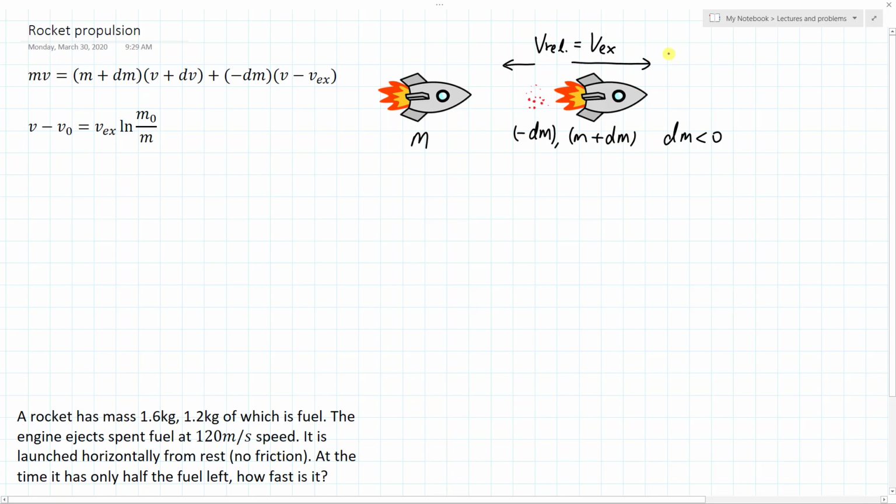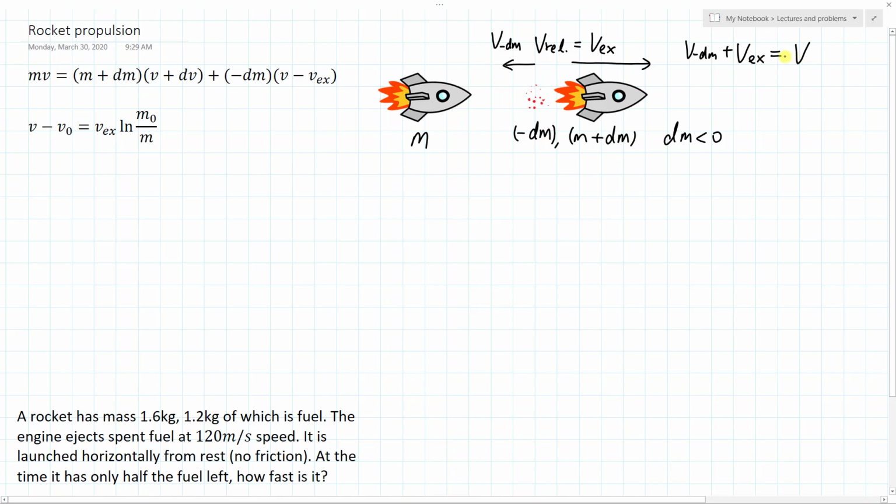If this is the velocity of the spent fuel, let's call that v minus dm. And v minus dm plus the relative velocity, which is v exhaust, should be equal to the velocity of the rocket.